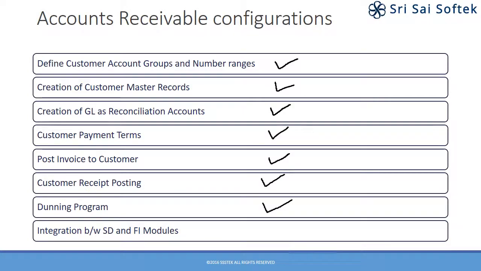And finally, we are going to see how the AR in FI is integrated with SD module. That is, if a sale happens, the amounts are to be recorded in financial accounting.